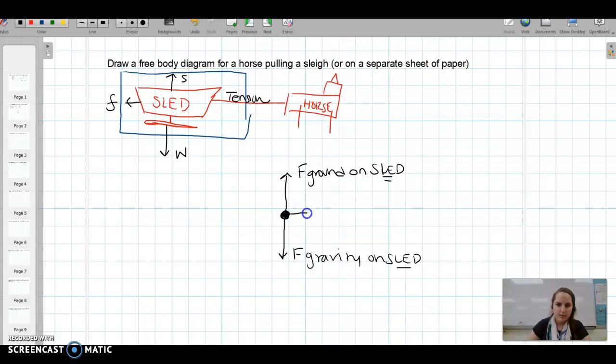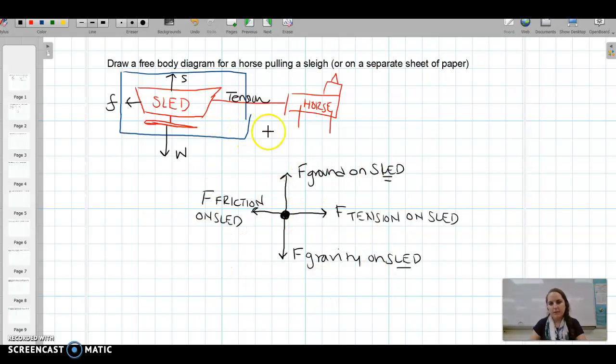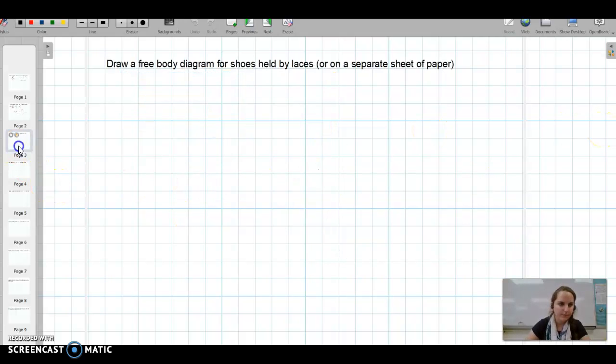And then we have the tension force on the sled. And then we have the frictional force. So the force of friction on the sled. All right, so that would be the FBD for our sled here. Woo! Nice. Let's move on to the next one.